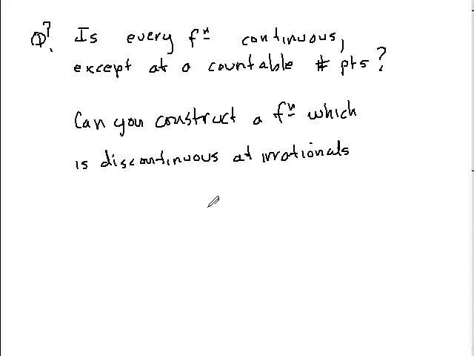Now, this is where your intuition leads you astray, because when you're graphing functions, you can only draw essentially countable numbers of discontinuities. So if you put in a function with a hole here and a hole here, even if the holes kind of pile up, for example, f of x is equal to 0 when x is equal to 1 over n, and f of x is equal to 1 otherwise.